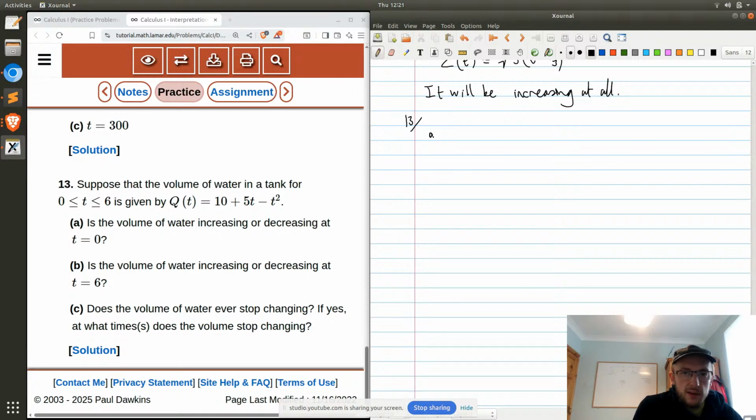So I think this is just simple differentiation. So we find q prime of t. Negative 2t plus 5. Then q prime of 0, which is 5.